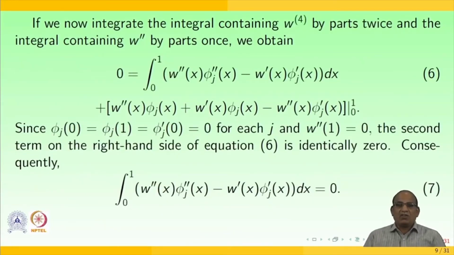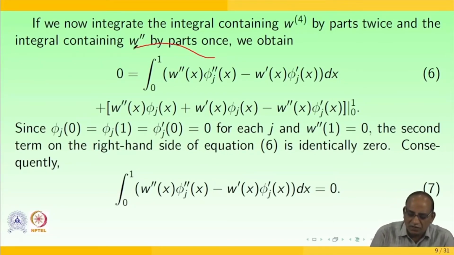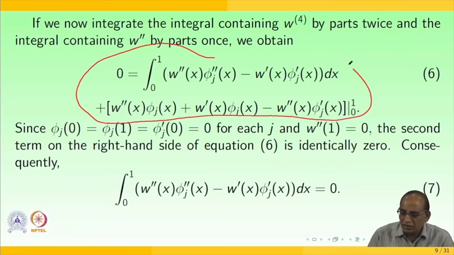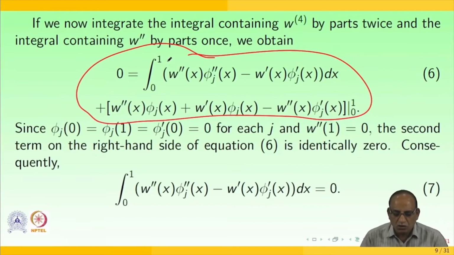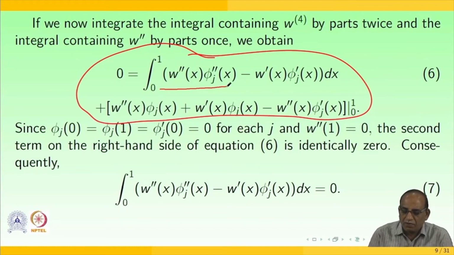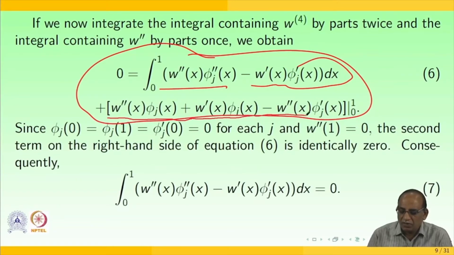So if you integrate now the integral containing w4 by parts, that is first function into integral of second function minus d by dx of first function into integral of second function, in this fashion you will end up like this: integral 0 to 1 of w double prime of x phi j double prime of x minus w prime of x phi j prime of x dx, plus the boundary terms w double prime of x phi j of x plus w prime of x phi j of x minus w double prime of x phi j prime of x from 0 to 1.